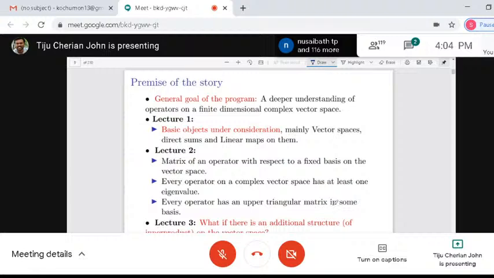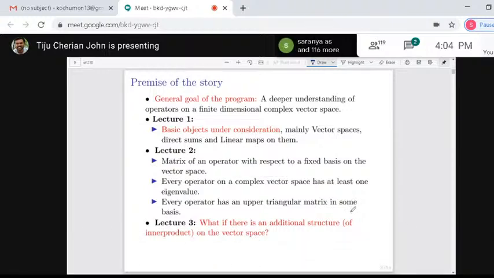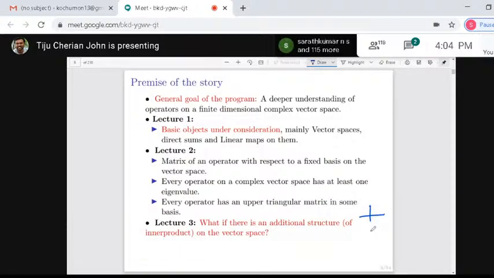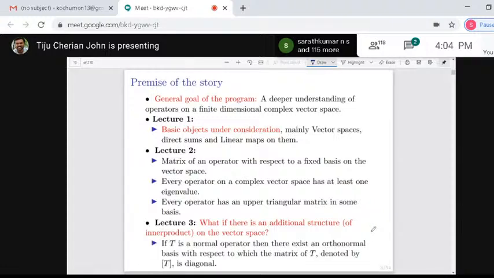And in lecture 3, you imposed some more structure onto your vector space. You call it inner product space. Inner product basically gives you a notion of angle, which you have in R2 or C2. Such notions you can generalize using inner product. If you have such a notion, you can find certain operators which are diagonalizable.